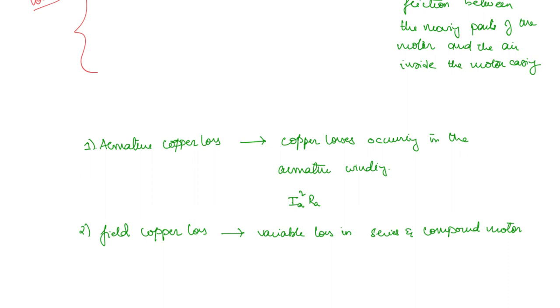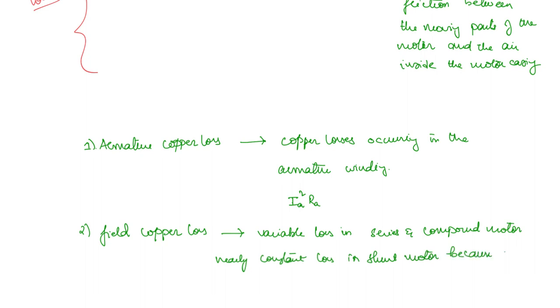It will not vary depending on the load. Why is that? Because the magnitude of the field current is much less in comparison to the supply current. There will be a slight change, but it will be almost constant because the magnitude difference is so high. So it is nearly constant loss in shunt motor.